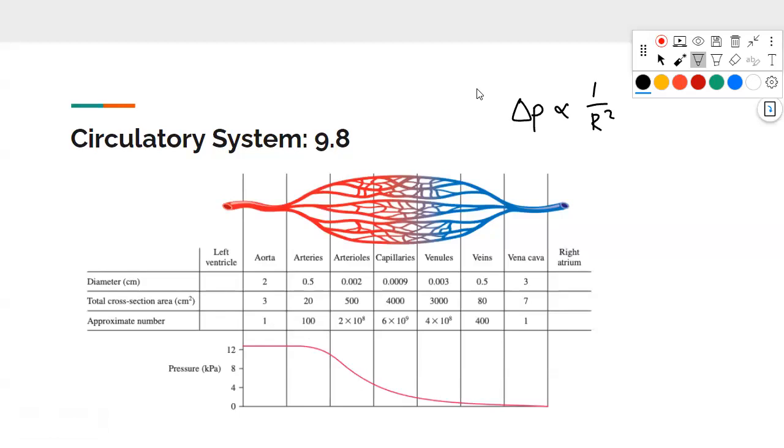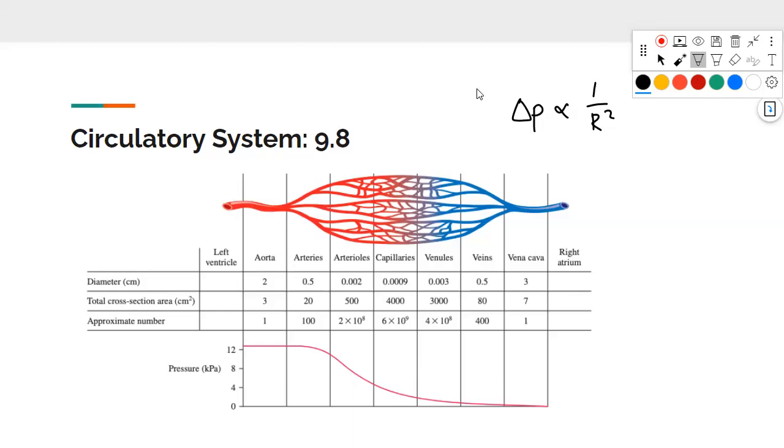But then once we get down to these minor arteries and then into the capillaries, the pressure very quickly drops off. So this is the effect where, due to that R squared dependence of delta P, the smaller the pipes get, very, very rapidly the fluid flow rate changes and the pressure gradient changes. Okay.